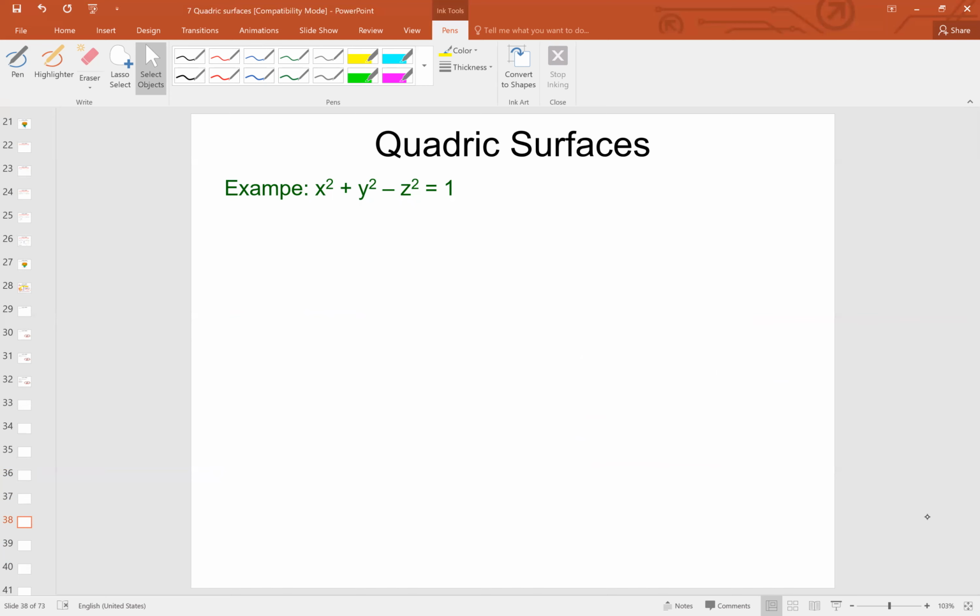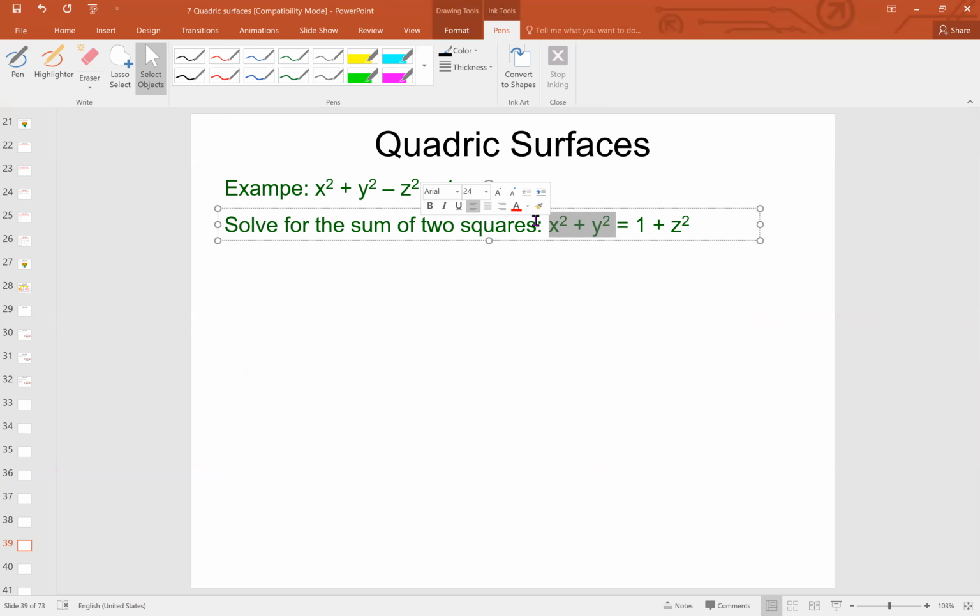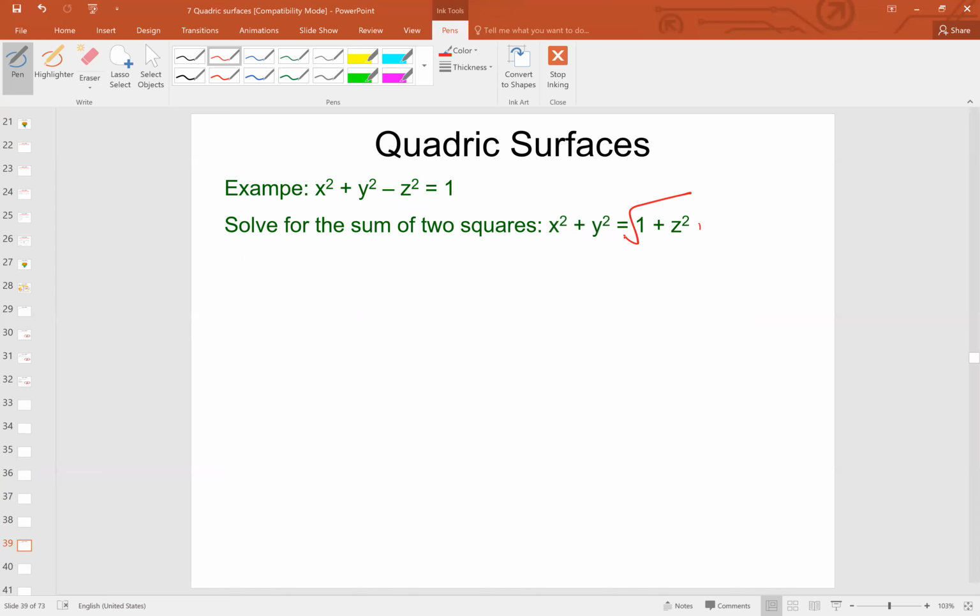Now let's change one of the signs. What happens if z squared is a negative term? Well, move it to the other side and look at x squared plus y squared. That's a circle, and that circle has a radius of the square root of this number, which is always bigger than 1.